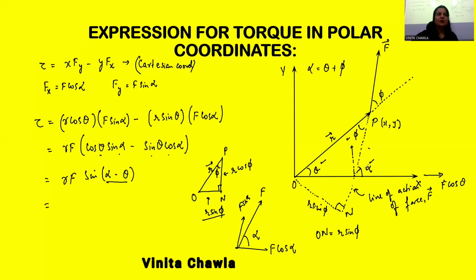Alpha is the exterior angle for this triangle. So alpha minus theta is phi. So this is nothing but RF sin phi, or F into R sin phi. And R sin phi is this ON.